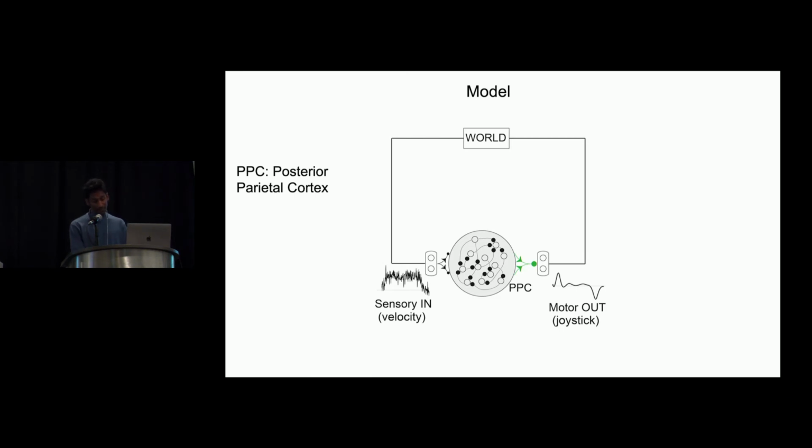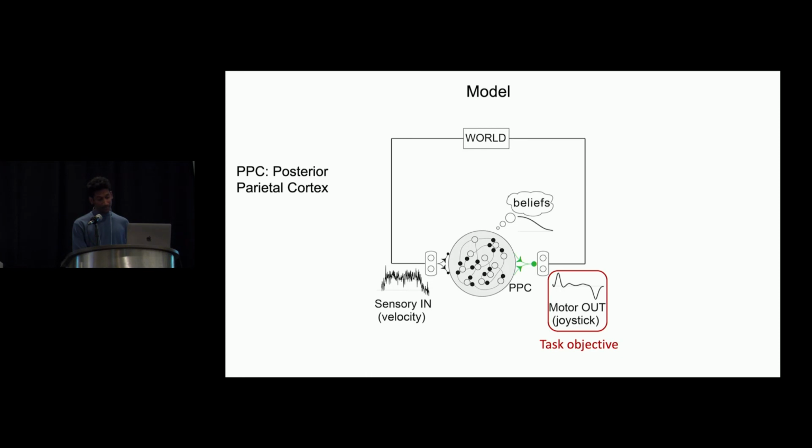This acceleration profile should correspond to a spatial trajectory that gets the model to the target location. And in order to do this, the model gets sensory feedback in terms of a noisy velocity signal. It basically needs to integrate this velocity signal to reconstruct some belief about the latent world state, and that can be used to drive the motor output.